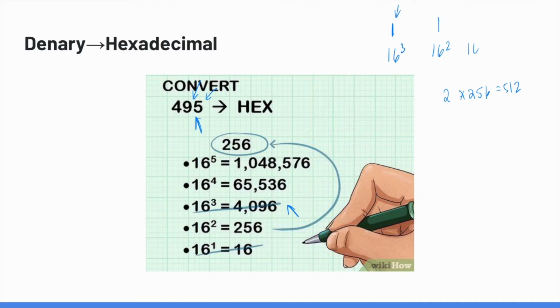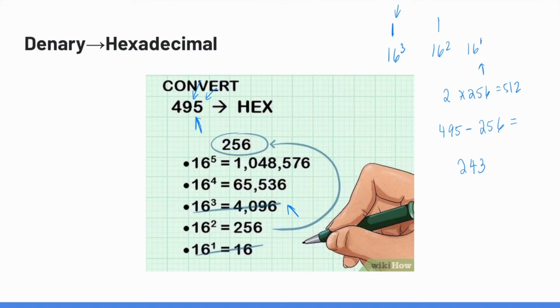And then what we can do is 16 to the power of 1. So if we do 495 minus 256, that's going to give us 243. So we still need to account for 243. And the way we're going to do that is we're going to see what's the highest value that will go into 243.